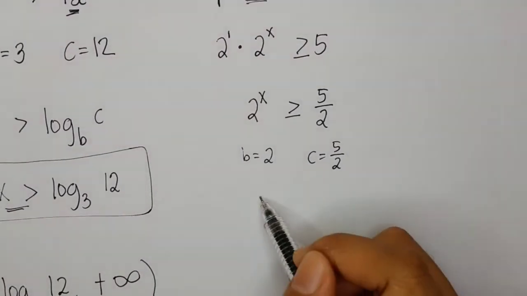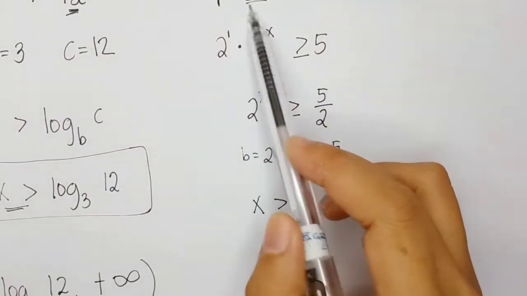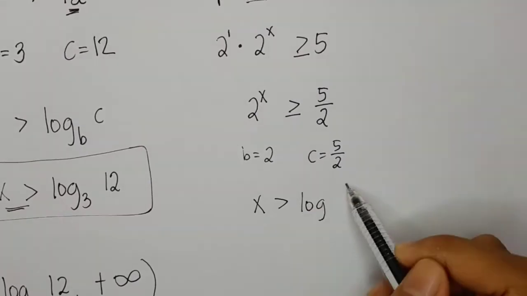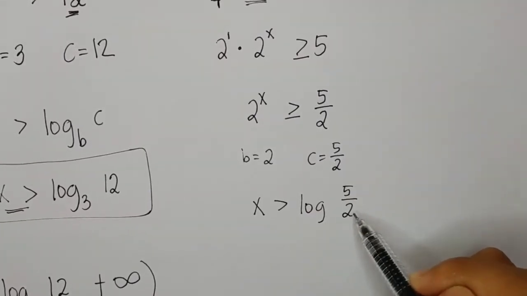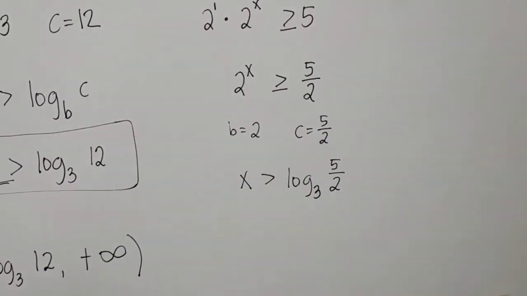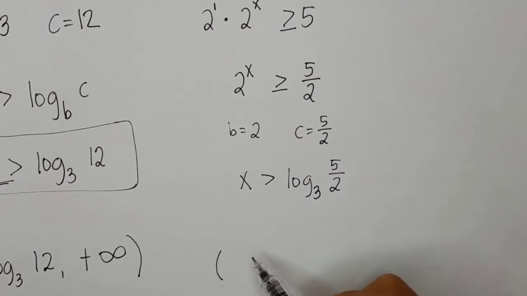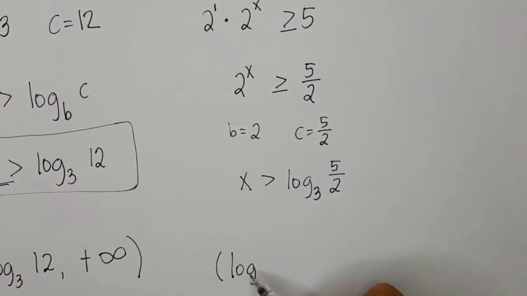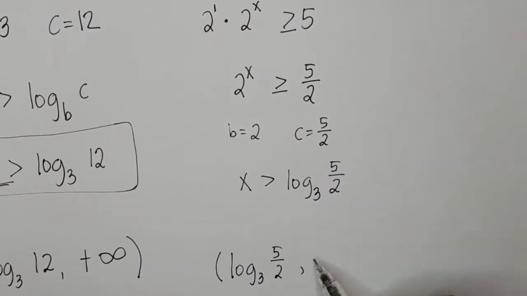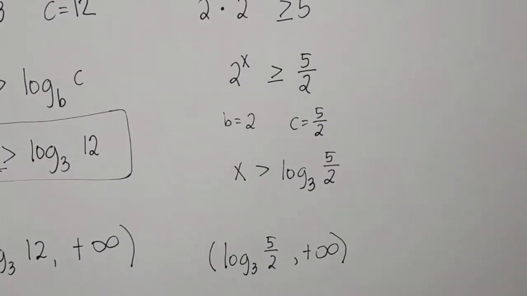Okay, so this will be x natin is greater than, since yung b natin is greater than 1, log 5 over 2 to the base 2. So, yan yung one side yung solution natin. So, yung solution natin will be log 5 over 2 to the base 2 going to positive infinity. Okay, so ganyan lang siya kadali.